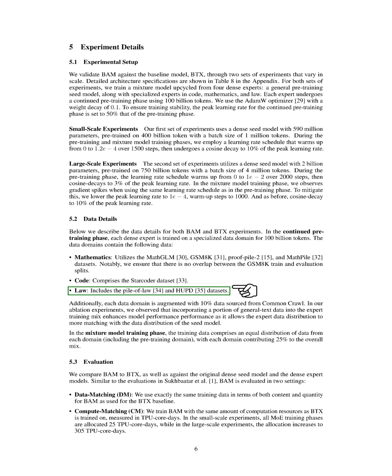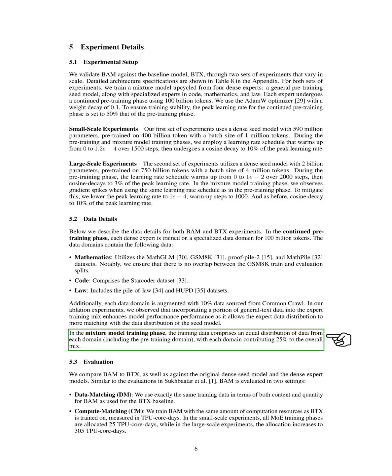The code domain consists of the StarCoder dataset, while the law domain includes the Pile of Law and HUPD datasets. We also augment each domain with 10% data from Common Crawl. Our ablation experiments show that adding some general text data improves model performance by better aligning the expert data distribution with that of the seed model.